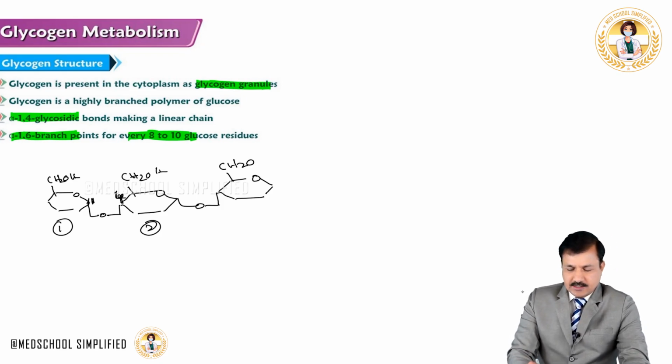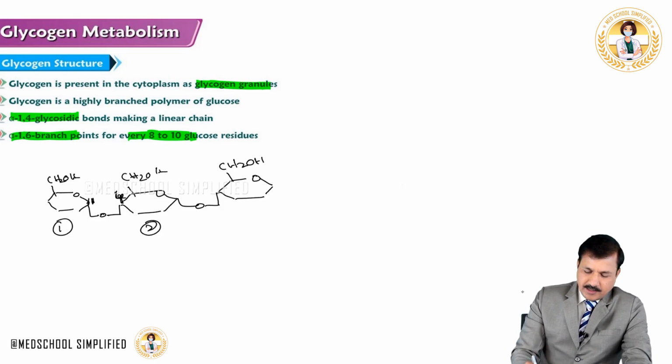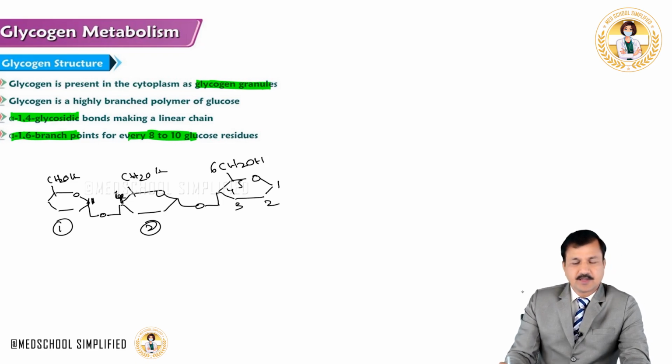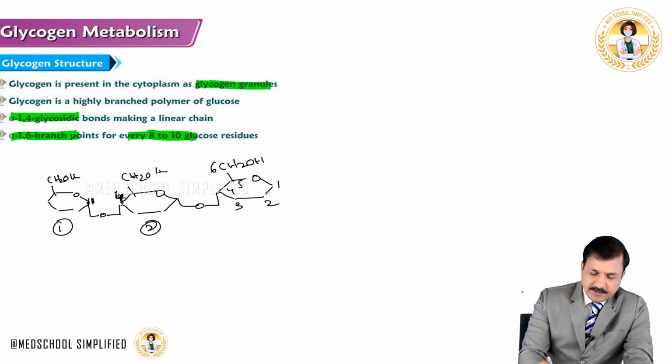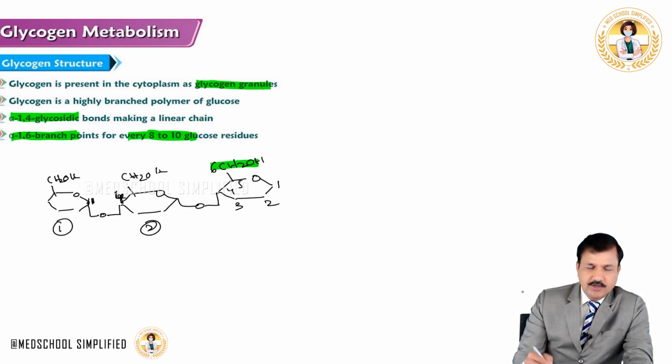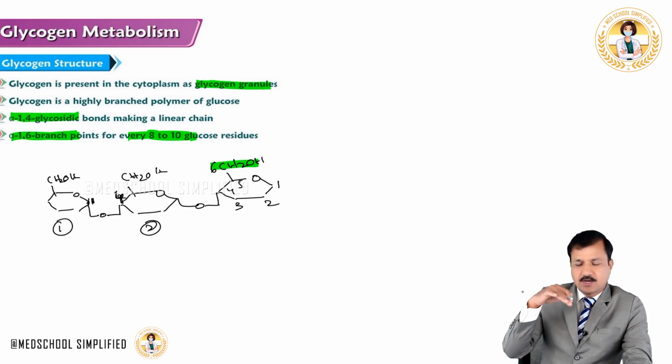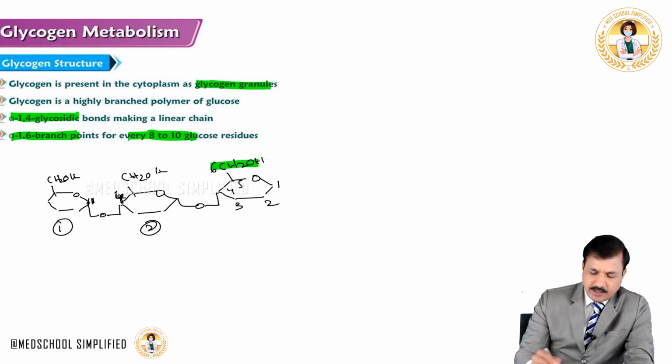The numbering of the carbon atoms is: this is carbon number 1, number 2, number 3, number 4, number 5 and number 6. Now the sixth carbon here is going to interact with the first carbon of an incoming glucose molecule.